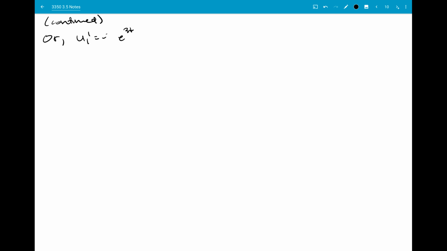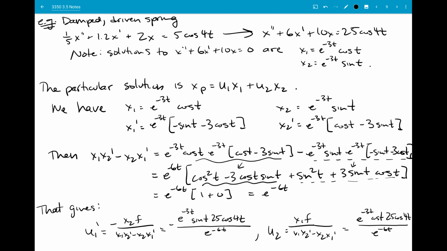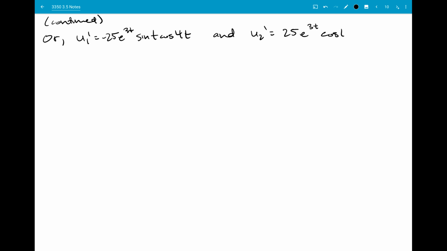And then that minus 25 should come out front, and then sine t cosine 4t. And u2 prime is equal to the positive 25 out front, e to the plus 3t, again cosine t cosine 4t.